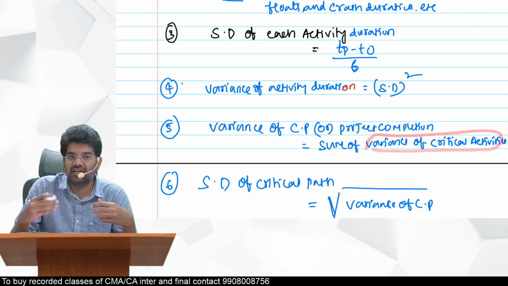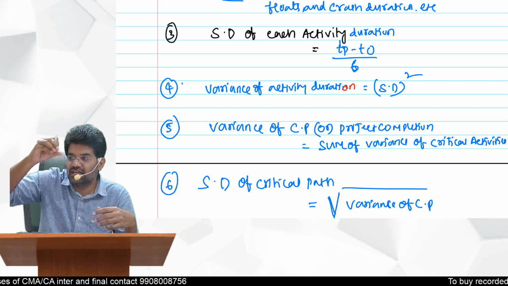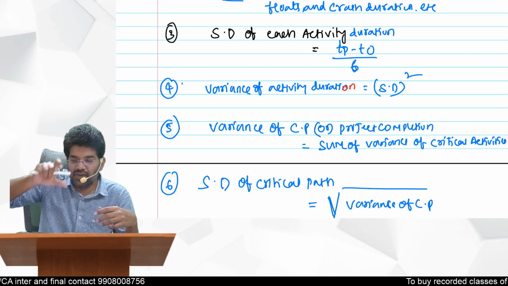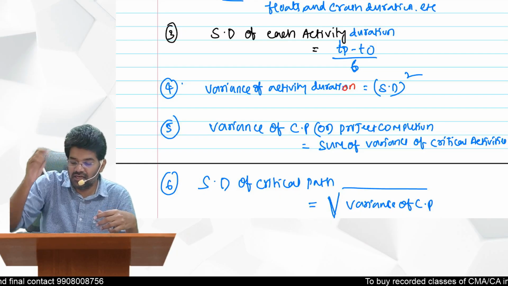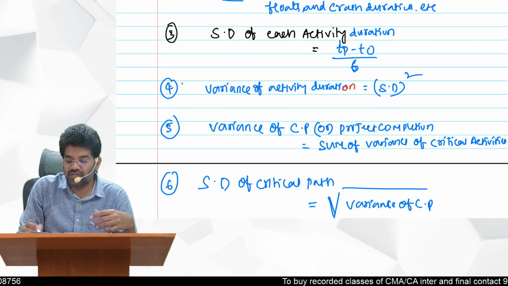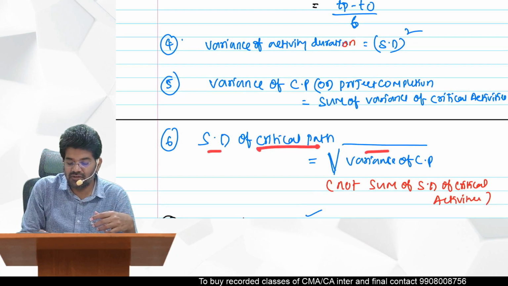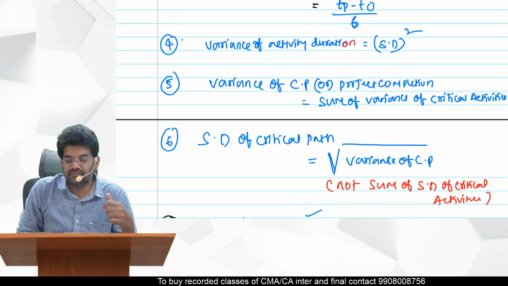So whatever critical activities are in the critical path, you add each critical activity's variance, and then if you apply the square root on that, you will get the standard deviation of the critical path.